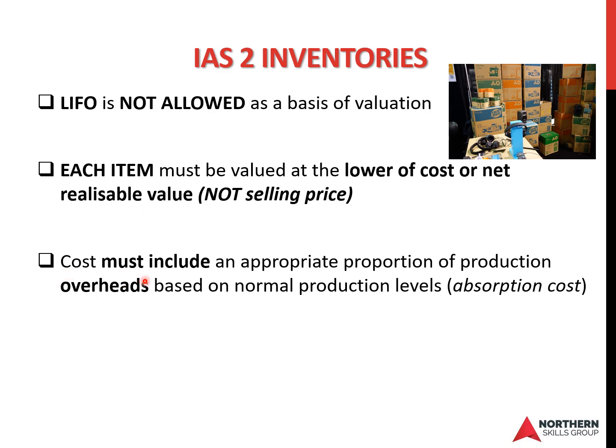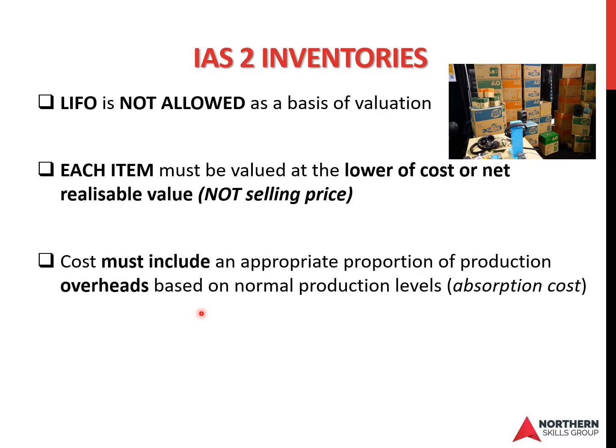And cost must include, where there's production, an appropriate proportion of production overheads. So items in inventory must be valued on an absorption costing basis. You can't just include the marginal direct cost.